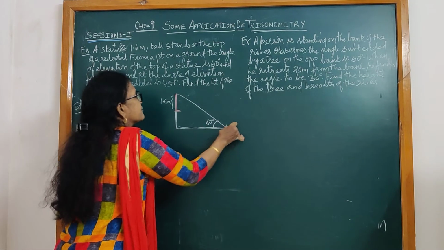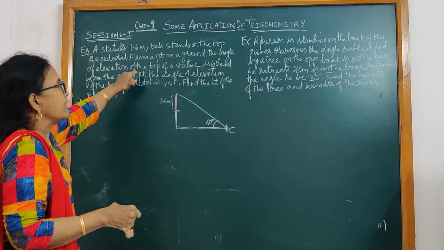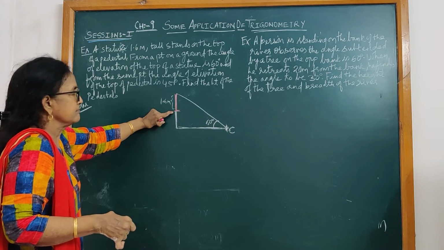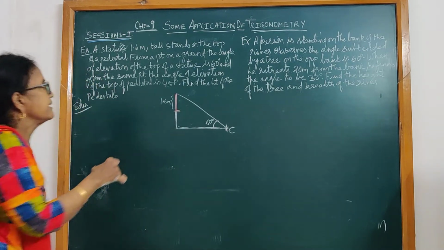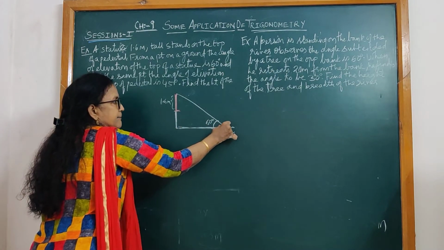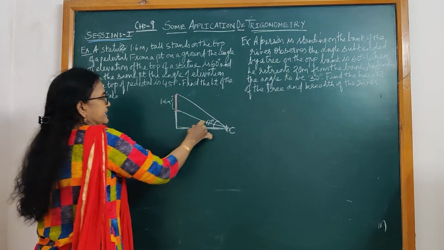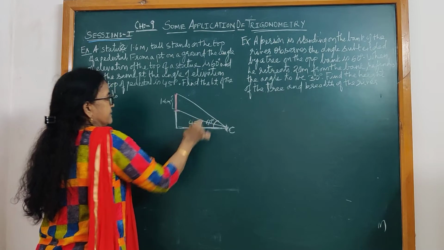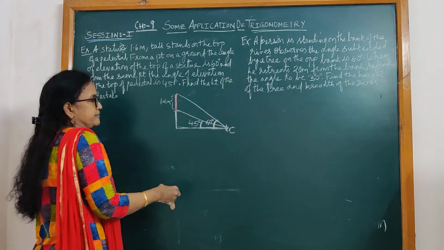Now if I am taking this point as C, from the same point you are looking at the top of this pedestal. At top of the pedestal, the angle it is forming, it is 45 degree. So again, from the same point, angle of elevation, you are looking here. This angle which it is forming, it is 45 degree. And this, it was 60.